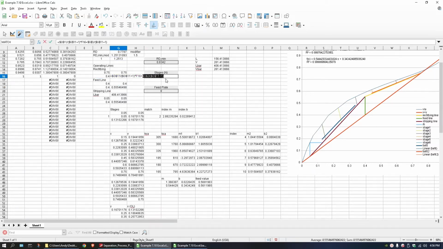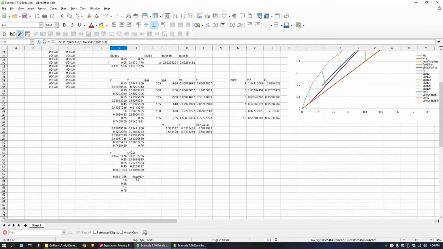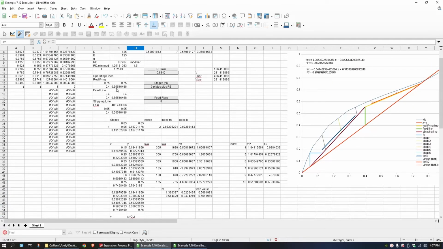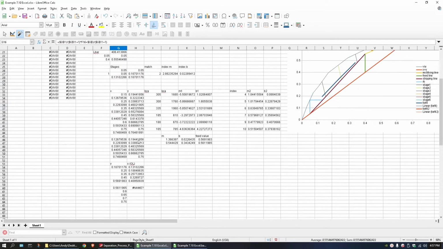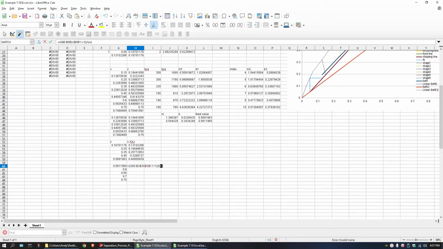This will be our b, and it is in fact a minus, and then our m will be our Rd over Rd plus 1.